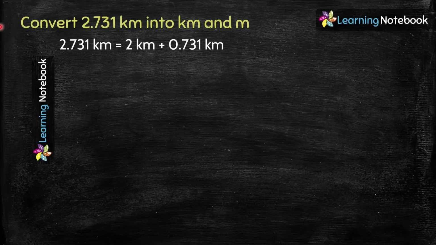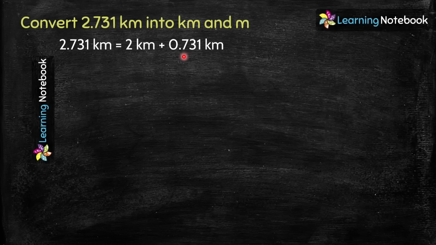So here 2 is the kilometer part and we just have to find the meter part. So it means we have to convert this value 0.731 kilometer into meters.